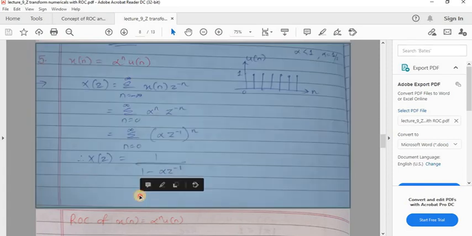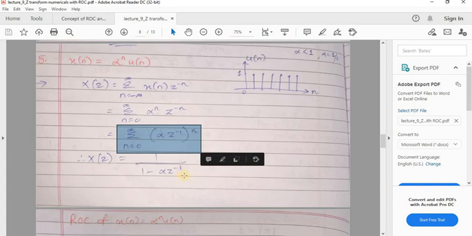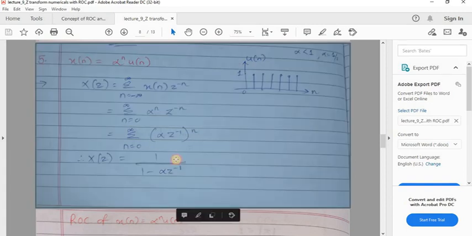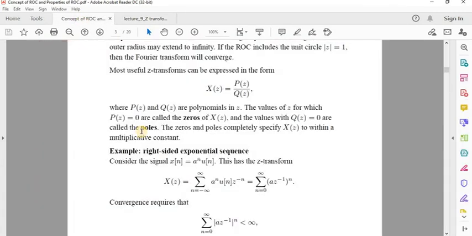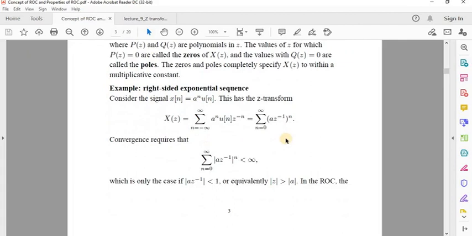So this is the point at which we find our region of convergence. In this PDF they have taken the same sequence, alpha to the power n u of n.